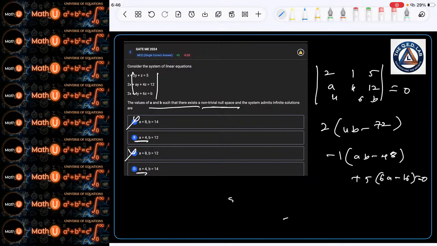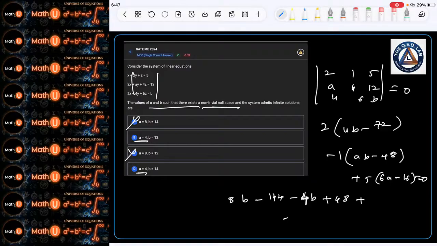Simplify this, we get 8b minus 14. The value of a is nothing but 4, so I will replace it here: 4b plus 48 plus 4.